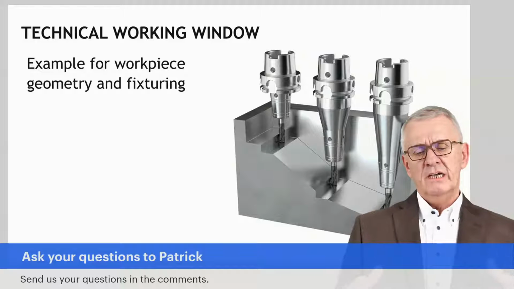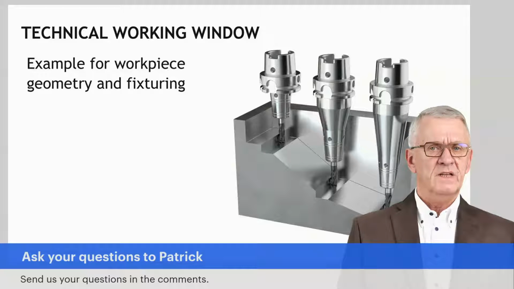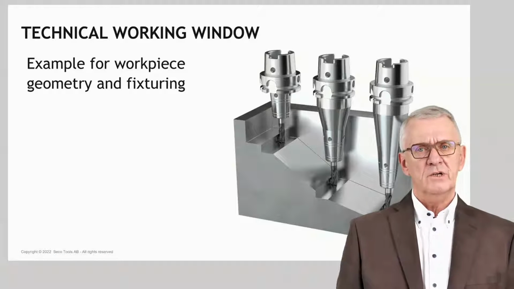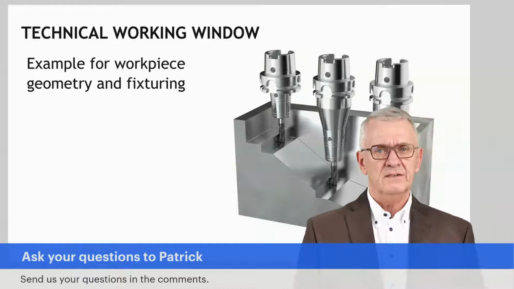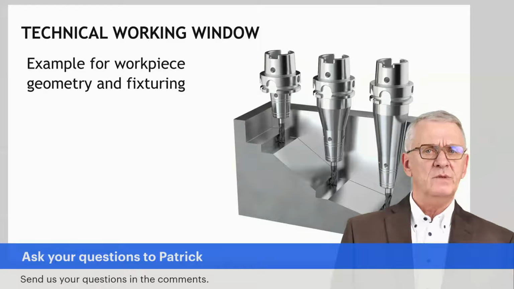So the working window is about which machine tool you have. What are the possibilities? What are the strong points? What are the weak points? What is the environment in which you are going to do the operation? Is it favorable? Is it unfavorable? What are the limiting factors you have to bear in mind? And it's about the workpiece itself.